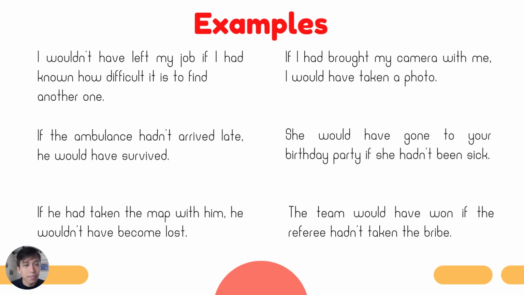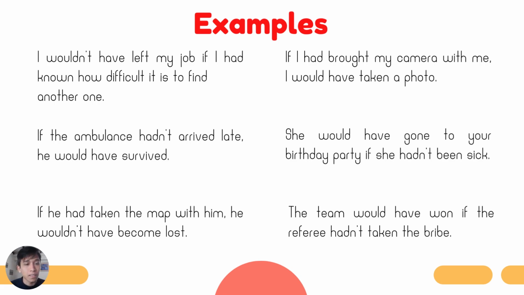Let's see some examples. I wouldn't have left my job if I had known how difficult it is to find another one. Here we have the main clause first, and then the if clause, which starts with if, obviously.